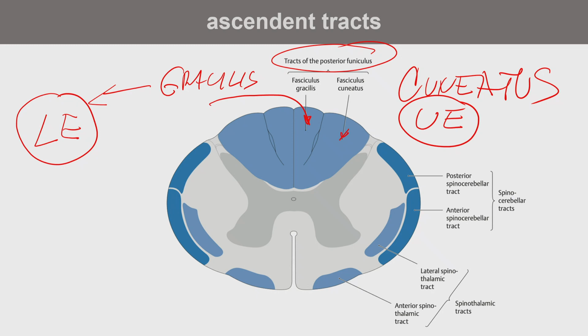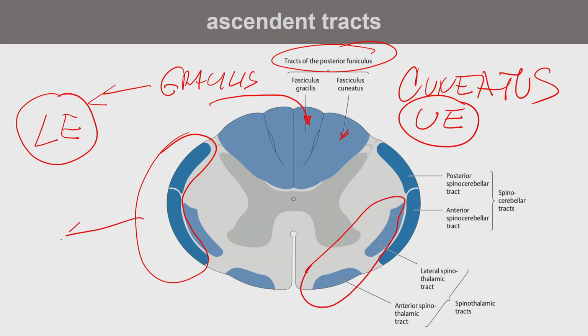Then we have two groups of tracts which are here and here. Those are spinocerebellar tracts, and they are spinothalamic.